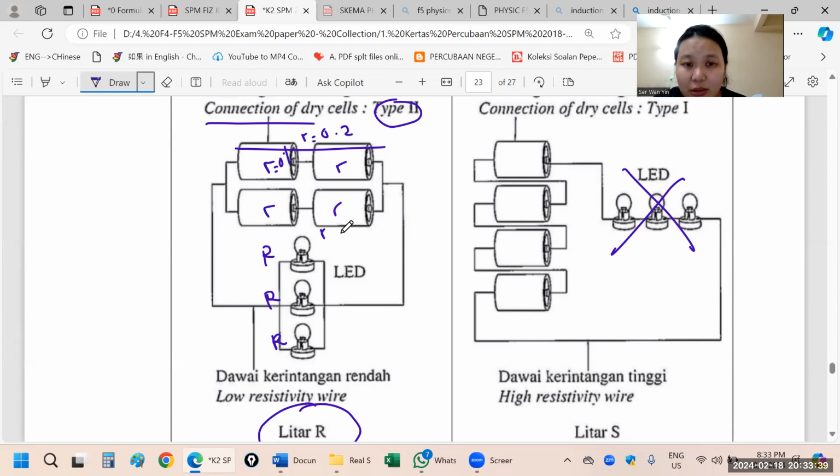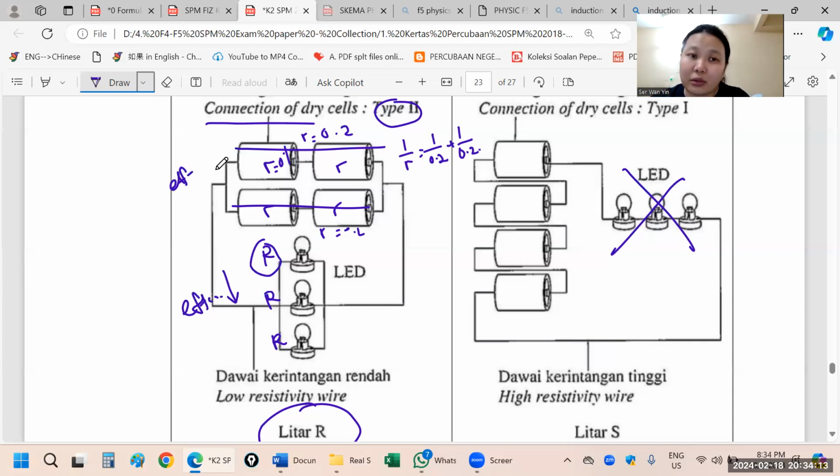So the effective internal resistance will become 1/0.2 plus 1/0.2, so it will be lower than 0.2. So here we can say the effective resistance for the light bulb becomes lower, and the effective resistance for the battery is also lower. So higher current.